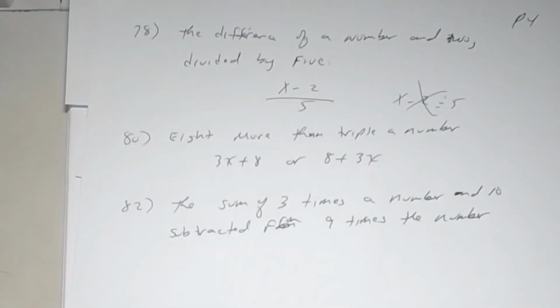Okay, so the sum of 3 times a number and 10 subtracted from 9 times the number.